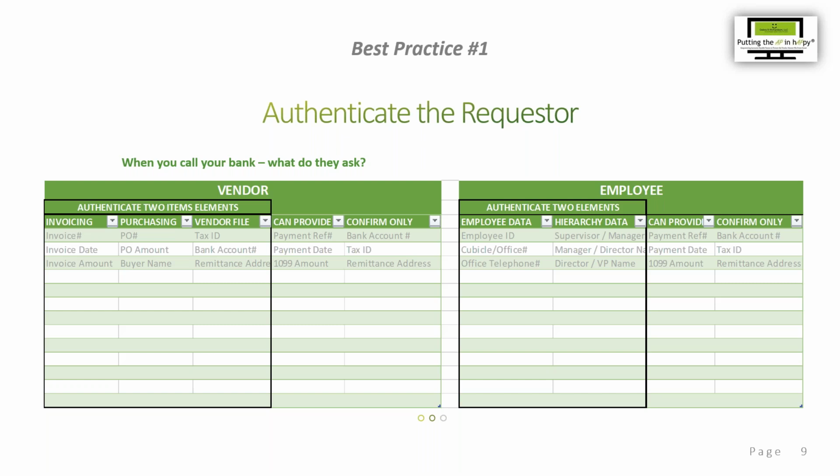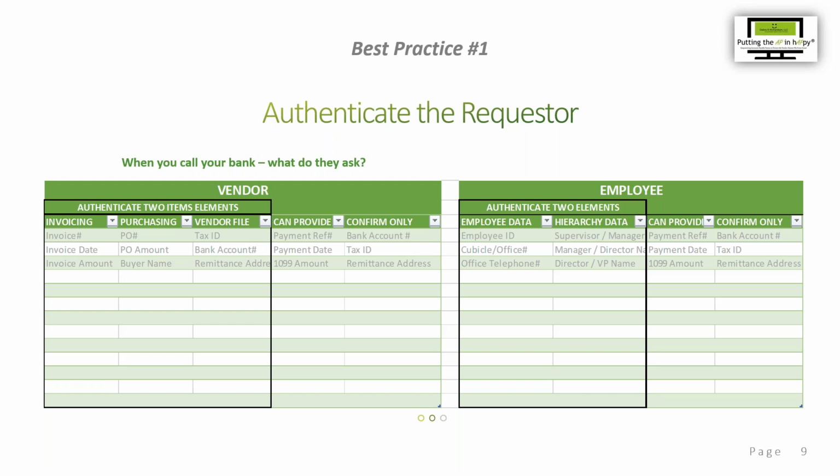So for vendors, you need to, again, have 2 to 3 identifying questions, and I would have 4 or 5 or more to choose from so that the same questions are not asked each time. Another critical key is to make sure you're not asking for elements on the same document, and that's the reason for the different columns here.